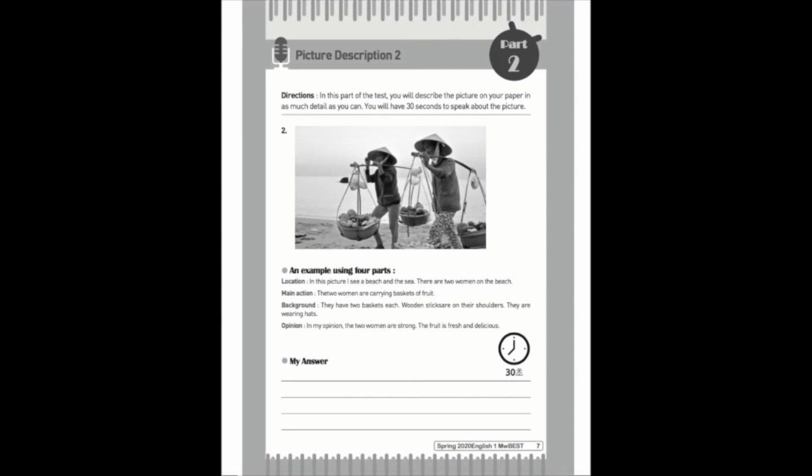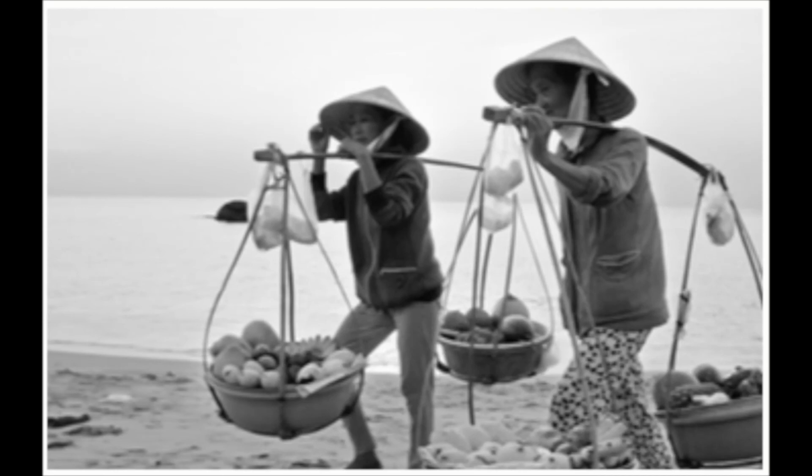Now I am going to read the example. Please look at the picture. Please just listen. In this picture, I see a beach and the sea. There are 2 women on the beach. The 2 women are carrying baskets of fruit.